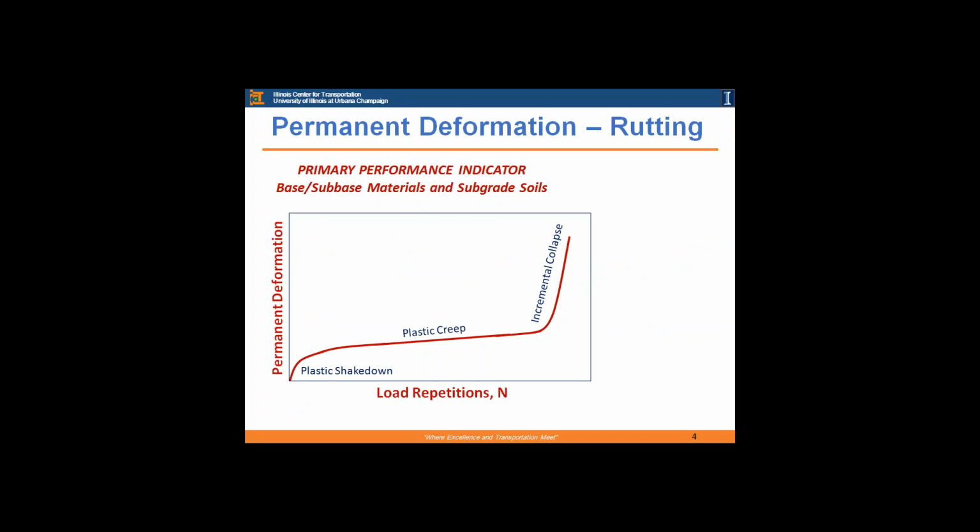First is the plastic shakedown stage, which is the fast accumulation of permanent deformation at the start of life with the very first few load repetitions. Then the plastic creep, where the permanent deformation accumulates at a lower rate, and then the incremental collapse, where the permanent deformation starts to accumulate at a faster rate, and the pavement will fail quickly from that stage.